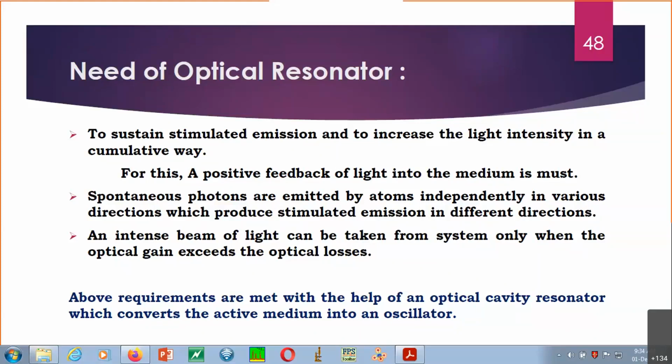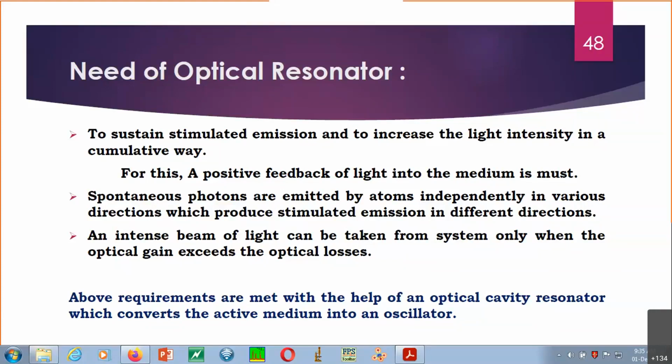Otherwise every time I need to provide extra energy from an external source, and so much energy is wasted via the spontaneous process. But if we utilize the spontaneous photon in such a manner that it can trigger the stimulated emission process, then the purpose of this optical resonator is solved, and that's how we are doing it.